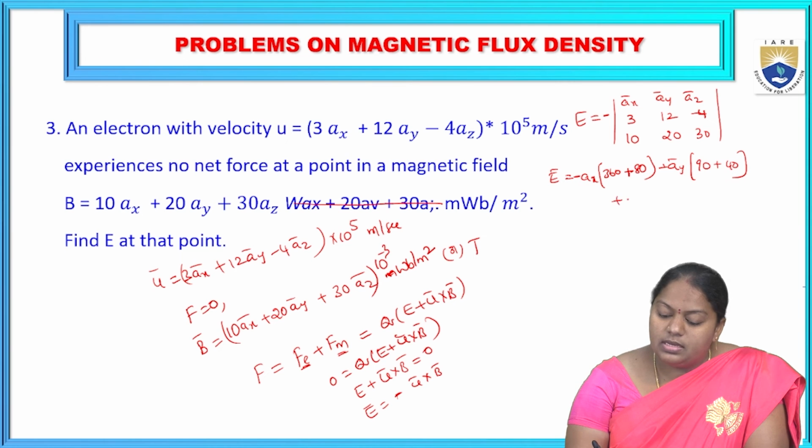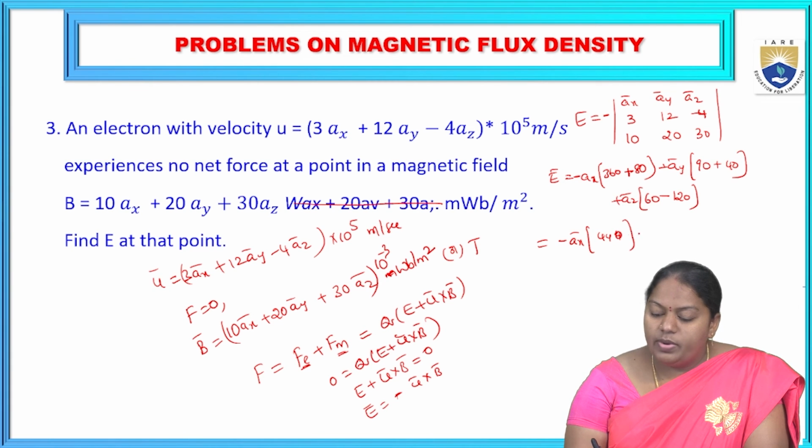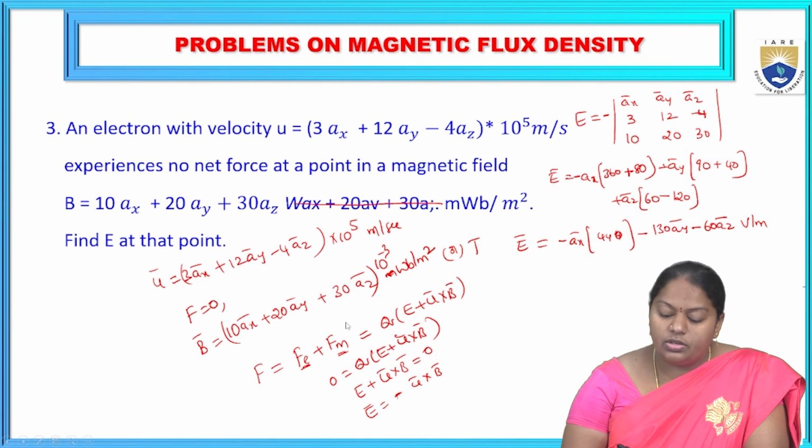Then plus AZ into 3 into 20 is 60, then minus 12 into 10 becomes 120. So E equals minus AX into 360 plus 80, that is 440, right? So minus 130 AY, then minus 60 AZ. This E is to be measured in volts per meter, or in Newton per coulomb.